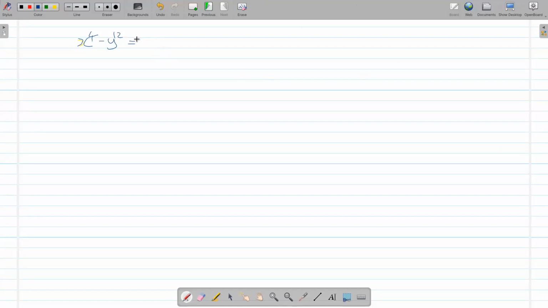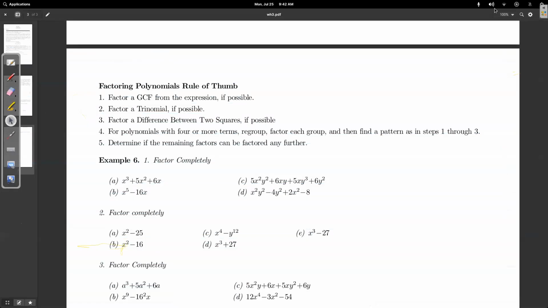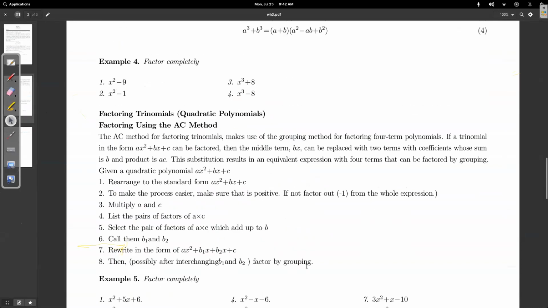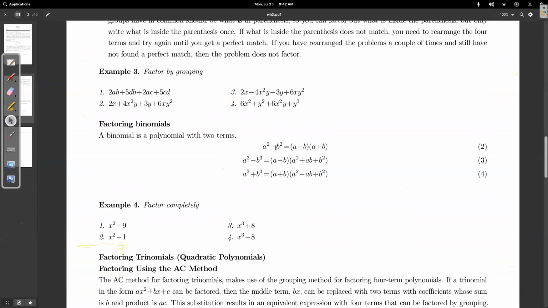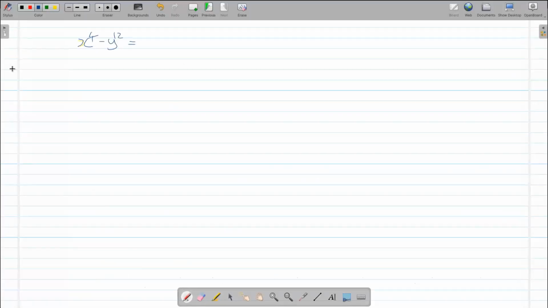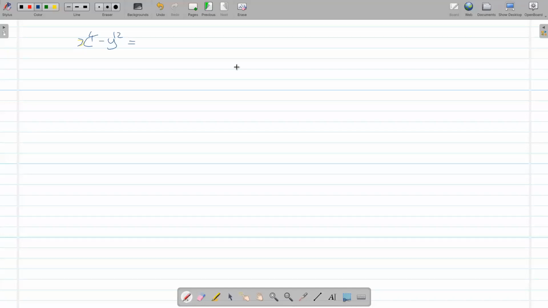So here there are two parts. First, we always try to do the difference of squares. When you have two terms, you can use one of these rules, but first always try to go for the difference of squares normally, unless there is a specific reason.